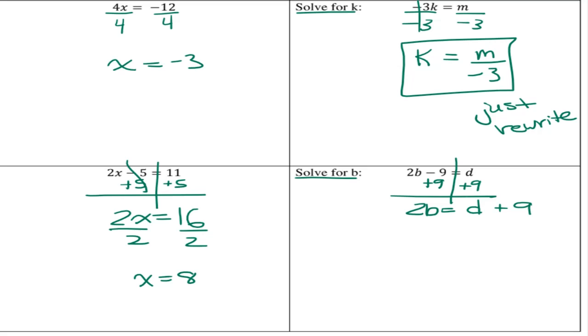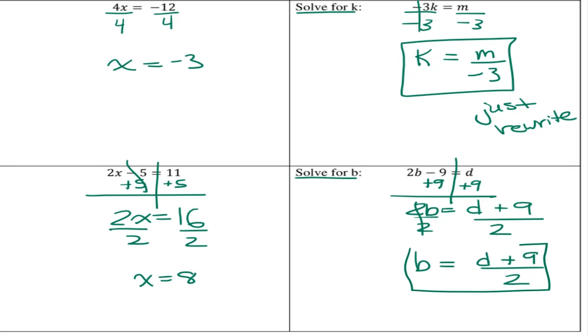Now I'm going to divide, just like I did on the other side. Notice I drew the division bar under everything on this side. Can I divide anything? No. D doesn't divide by 2. 9. I could get a decimal, but I think I'm just going to leave that. And I'm just going to leave it like this. Again, just rewrite. A lot of just rewriting for literal equations.